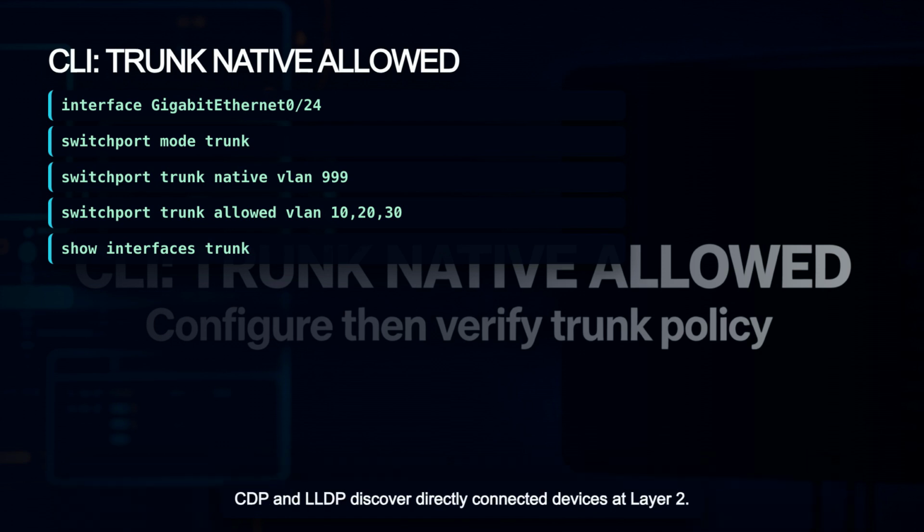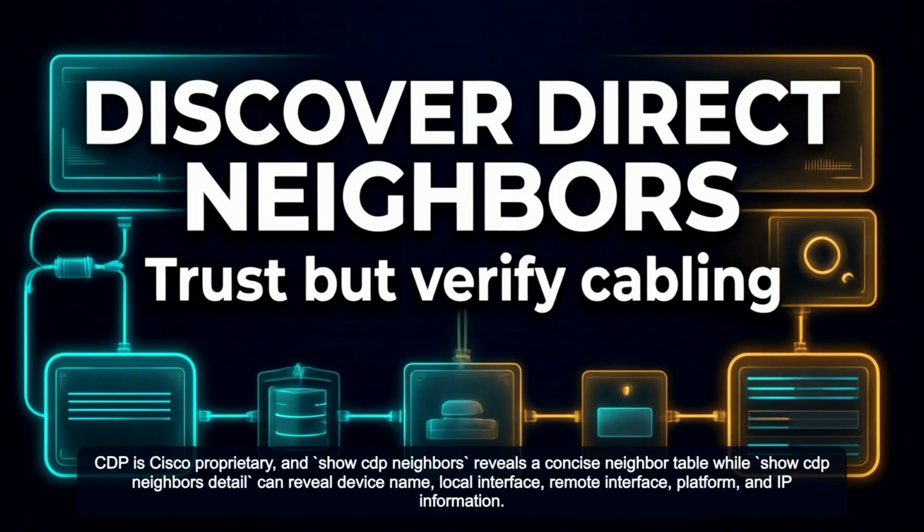CDP and LLDP discover directly connected devices at Layer 2. CDP is Cisco proprietary, and show cdp neighbors reveals a concise neighbor table, while show cdp neighbors detail can reveal device name, local interface, remote interface, platform, and IP information.